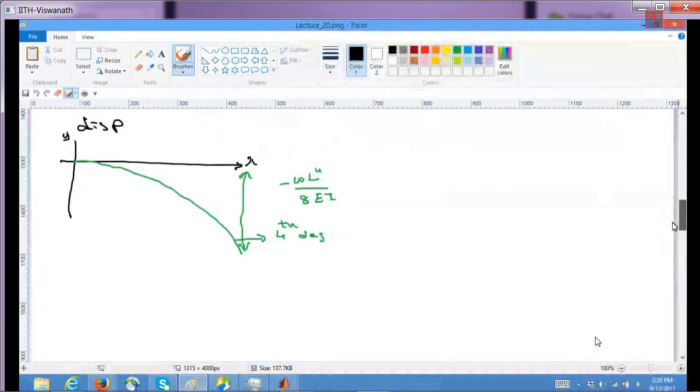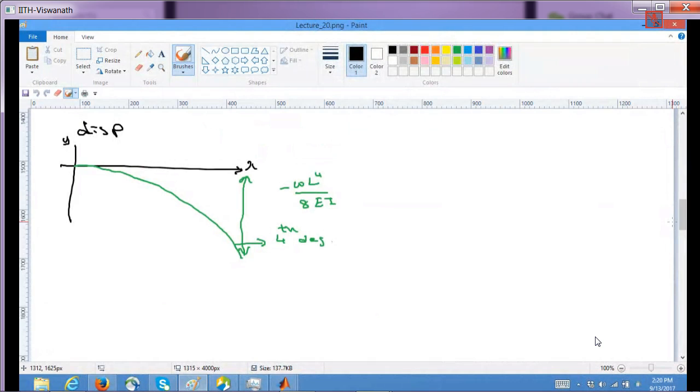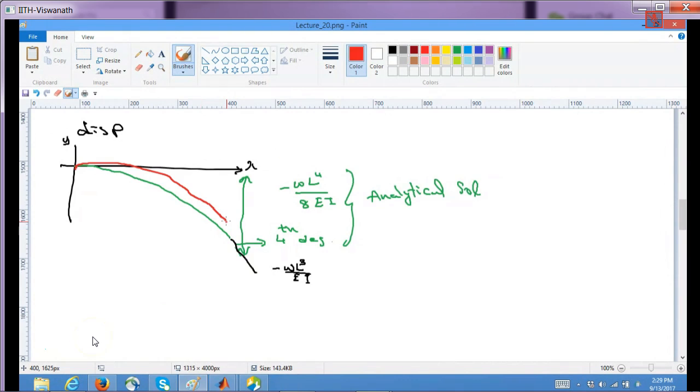The slope at this place has to satisfy the boundary condition at this place, that is, displacement is 0 and slope is 0.